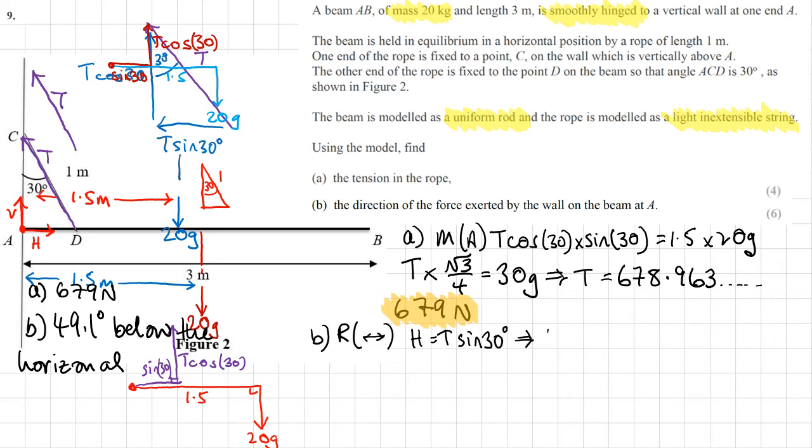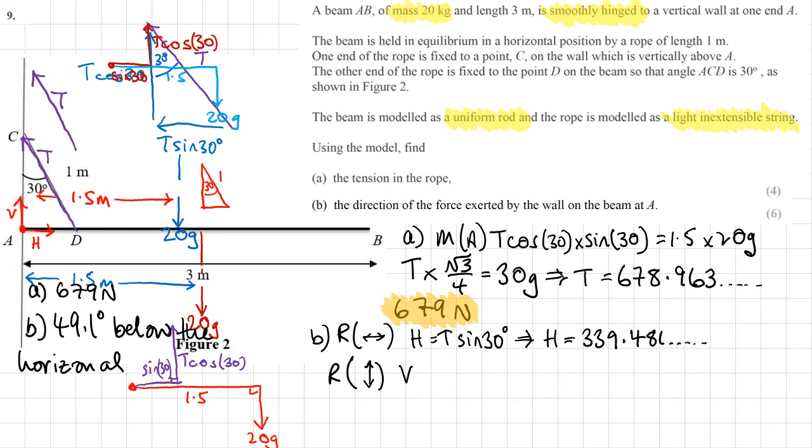So if I use the answer button and times that answer by sine 30, I get 339.481 and so on.